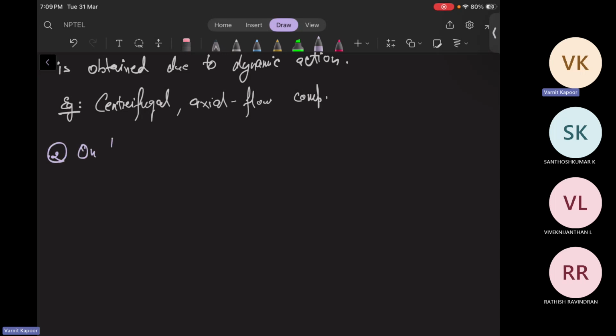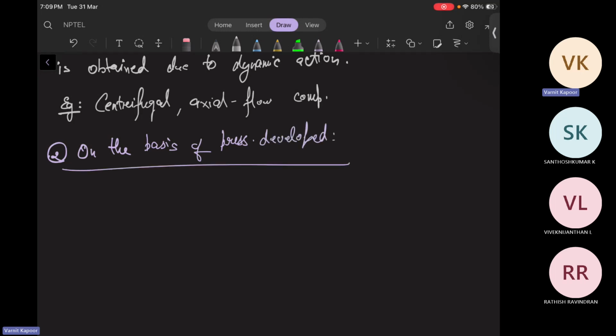So let me write the second category, on the basis of pressure developed. Less than 10 bar, low pressure compressor.